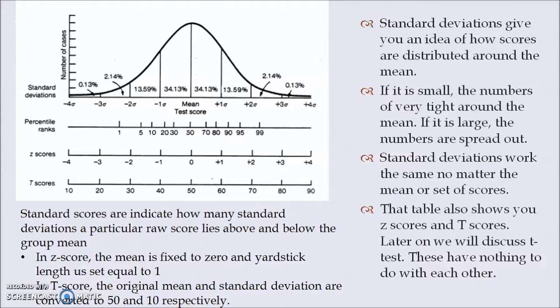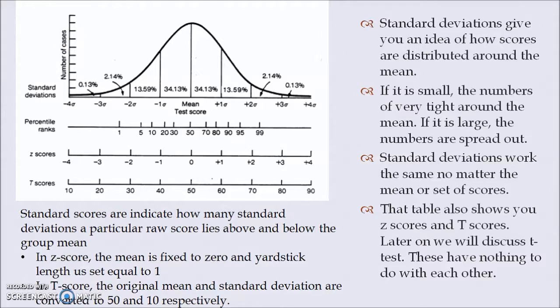If I have t-scores, the mean is 50 and the standard deviation is 10. So if I have a t-score of 70, that means it is 2 standard deviations above the mean. If I have a score of 38, that means go down 10, that is 1 standard deviation, and then 2 more. 38 is 1.2 standard deviations below the group mean.